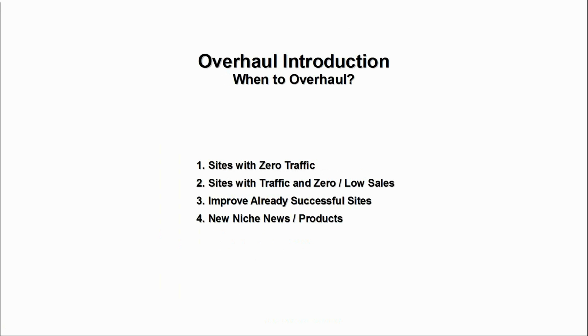A lot of websites like this are successful in the search rankings, but ultimately they're unsuccessful on the Amazon end of it. This is really the other main type of unsuccessful website that you're going to have that will also qualify for an Azon overhaul.